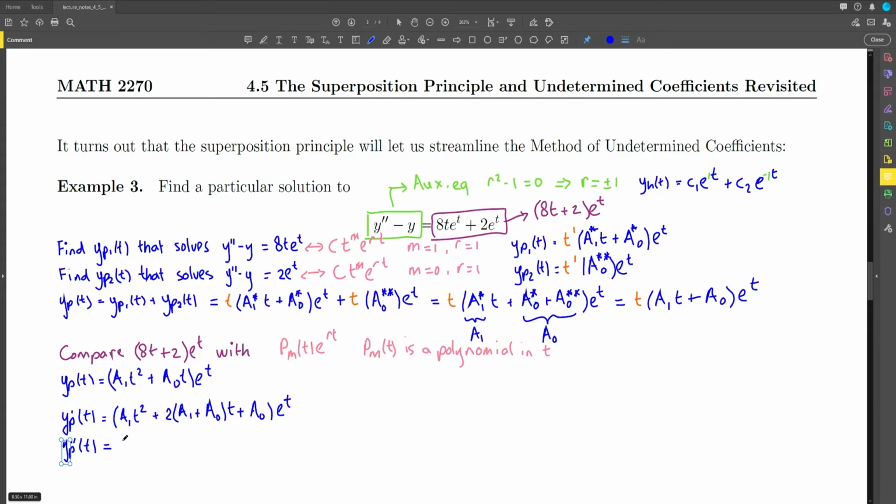But eventually, when you do that and simplify your answer, you get that y_p double prime is a1 t squared plus, and then we have 4a1 plus a naught times t plus, and then 2a1 plus 2a naught, and all of that times e to the power t.